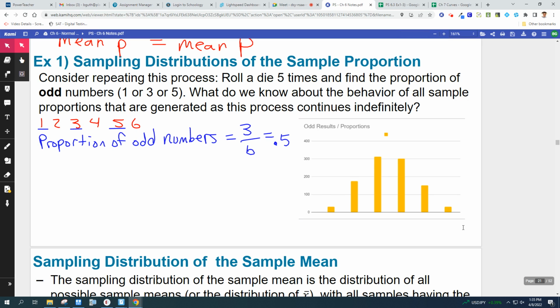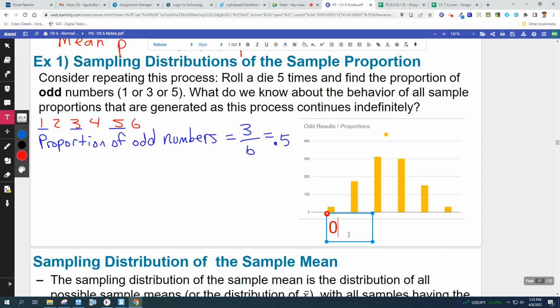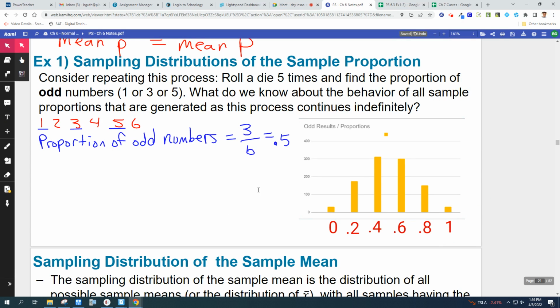I know the x-axis isn't labeled, but think about what those could be. If we're talking about proportions, it's going to be 0, 0.2, 0.4, 0.6, 0.8, and 1. We could type those in. It doesn't have to be super awesome.